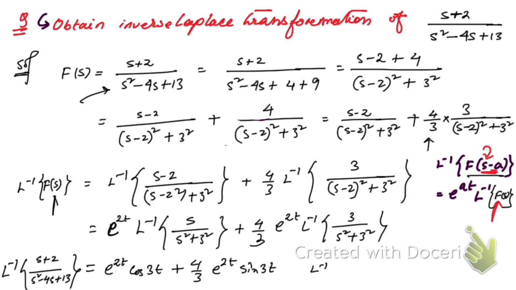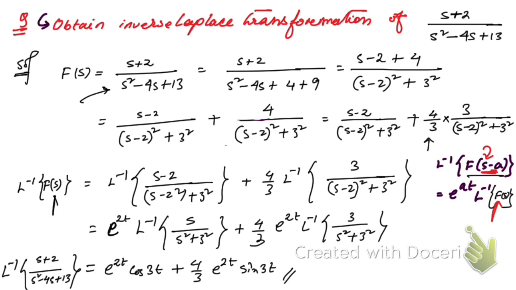Because we know the inverse Laplace transformation of s by s square plus a square is cos at, and if you have a here, then it's going to be sin at, right? So hope you have understood this. So this is the answer. That's how we can use the partial fraction method to solve such kinds of problems to obtain the inverse Laplace transformation.